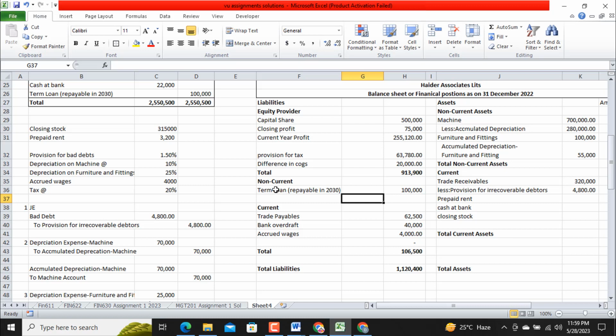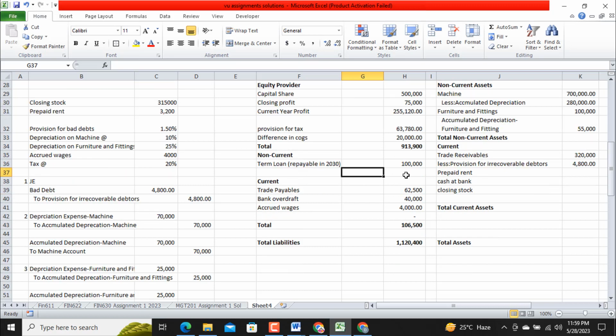Now non-current liabilities, term loan repayable 2030, long term, so we have put 100,000. This is the total equity part. There are no other non-current liabilities available, so I will keep it like this. Current liabilities: trade payables, bank overdraft 40,000, accrued expenses 4,000.